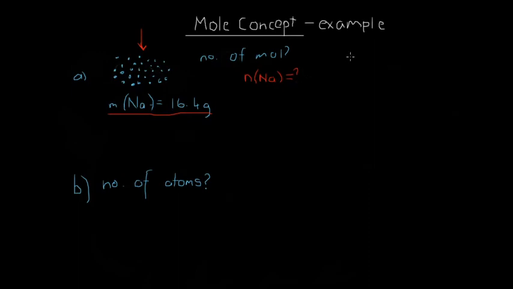We know from what we've just learnt that the mole of a substance is given by little n equals little m over big M. Mole equals mass divided by molar mass.